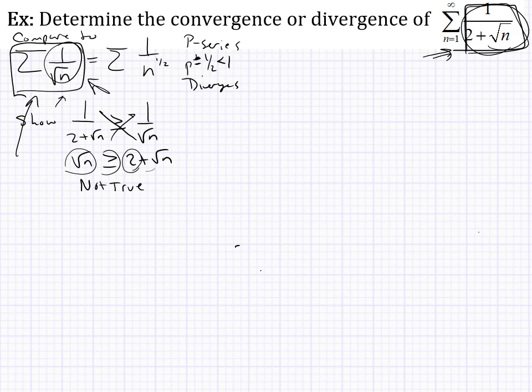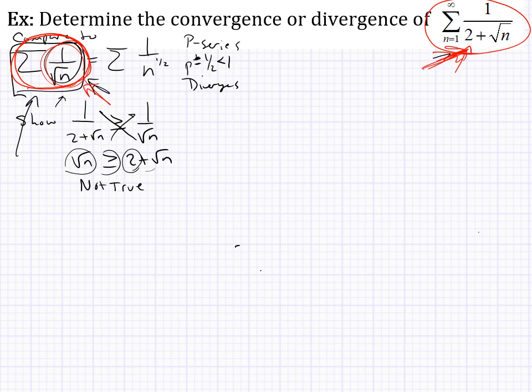Now, here's where you're going to have to start getting some instincts as to what you think is going on with this series. So you got to ask yourself, looking at this series right here, and knowing that this one diverges, do you think that adding 2 into this denominator is going to all of a sudden change this series here, which is the only difference of this one versus this one?